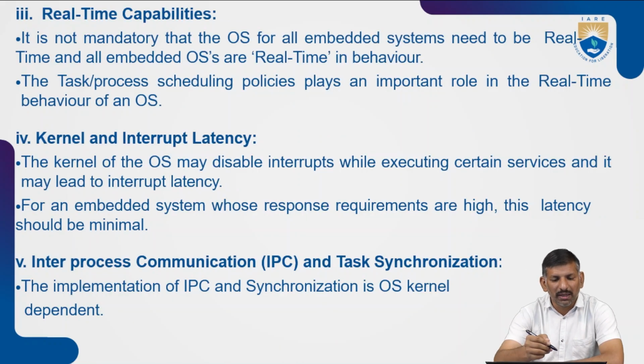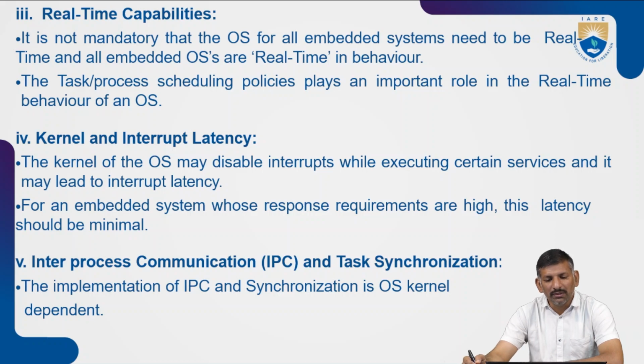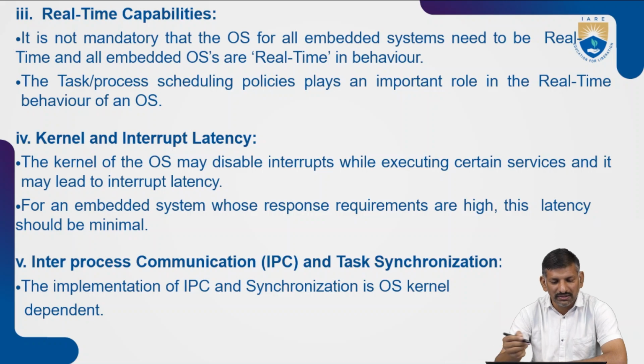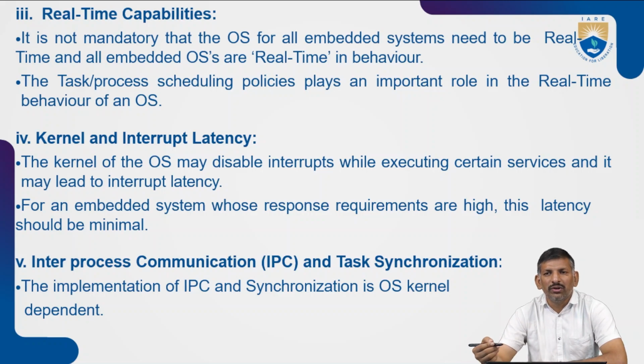Next, real-time capabilities. It is not mandatory that the operating system for every embedded system needs to be real-time; the embedded OS is real-time in behavior. Real-time means deadlines. So which scheduling algorithm are we choosing here?